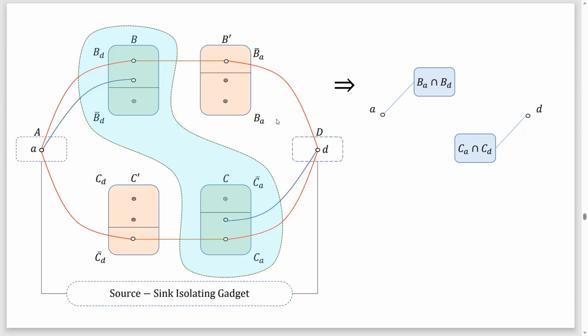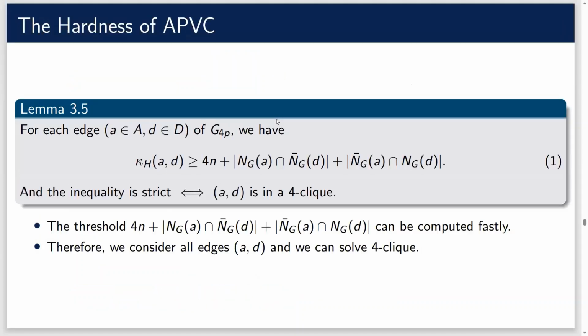Therefore, if there's an extra flow from A to D, then we can conclude that there's a fork leak. Therefore, we have a lemma saying that for each edge A and D of G4P, their connectivity is larger than or equal to some threshold, and the inequality is strict if and only if AD is in a k-clique.